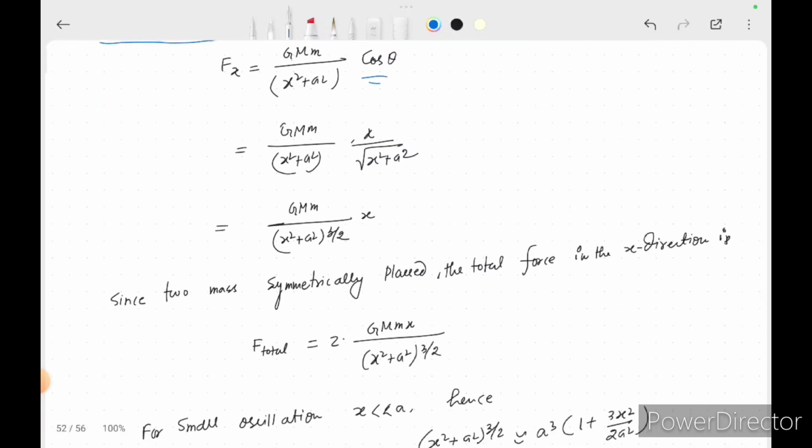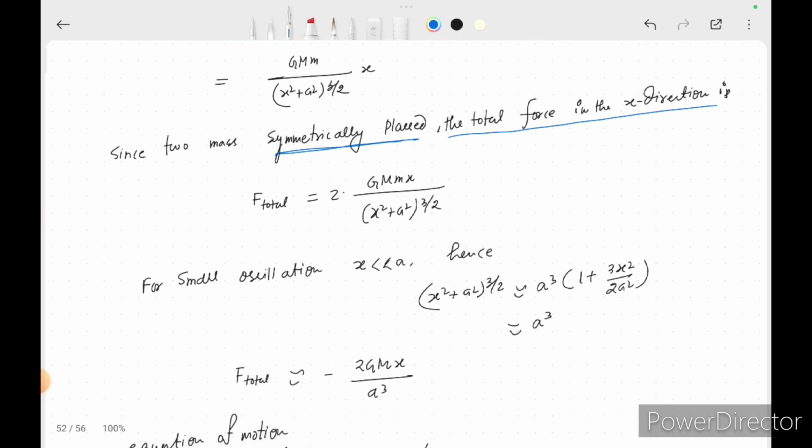So finally we get G M m x upon x square plus a square to the power 3 by 2. Now, for two masses symmetrically placed, the total force in the x direction is equal to 2 into G M m x upon x square plus a square to the power 3 by 2.